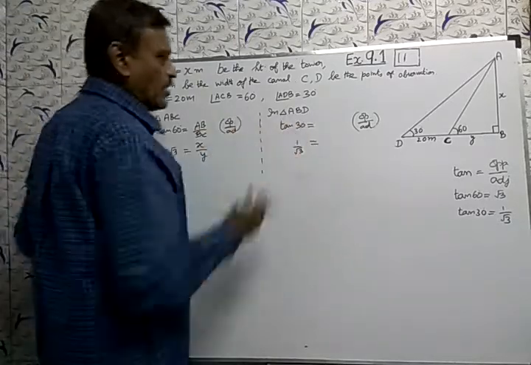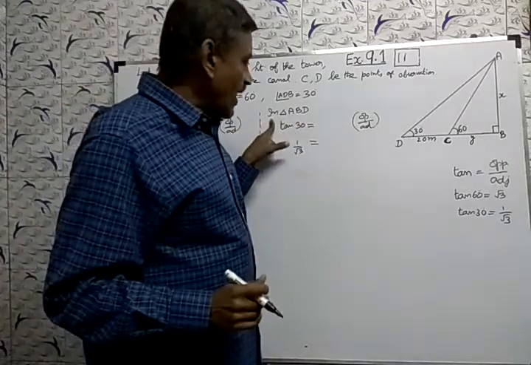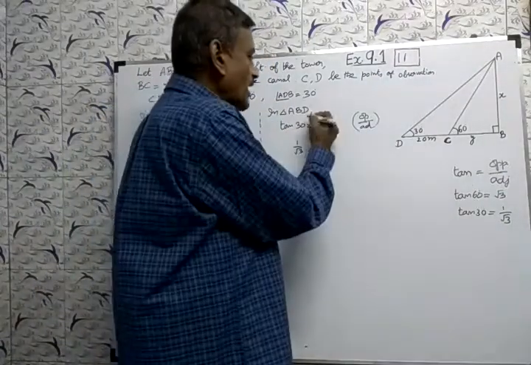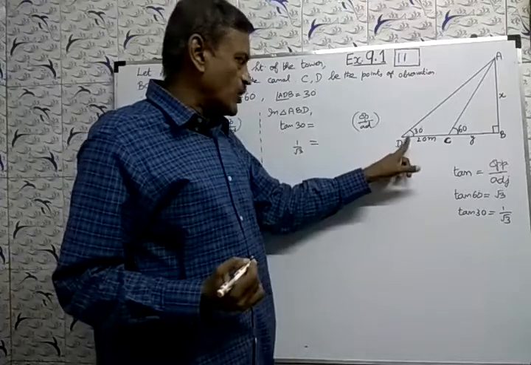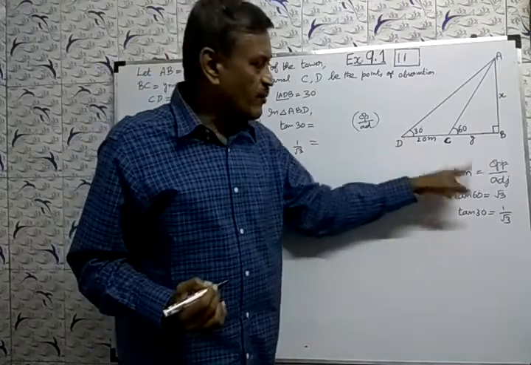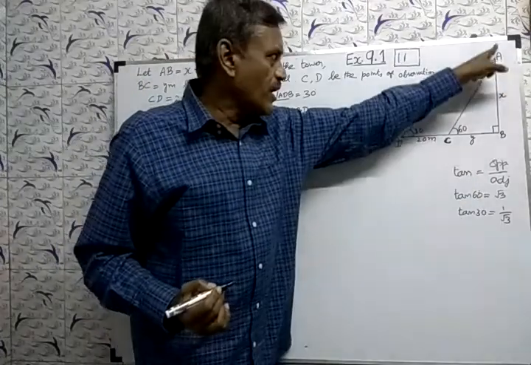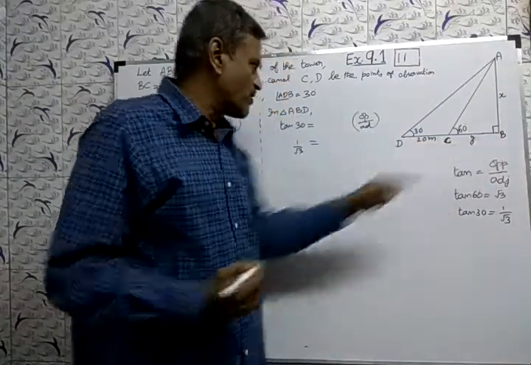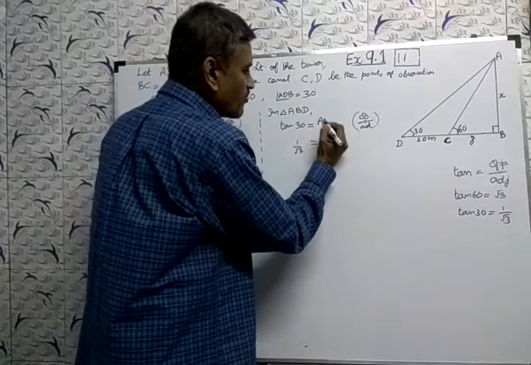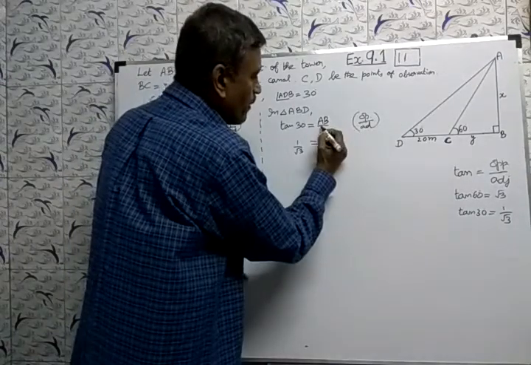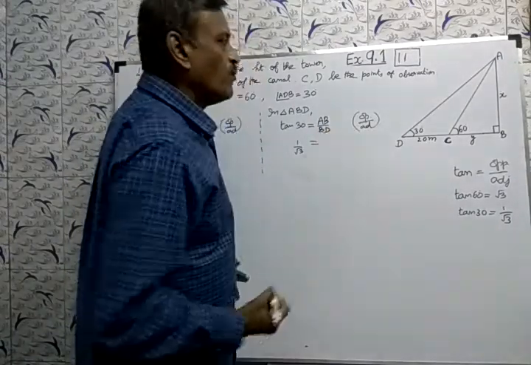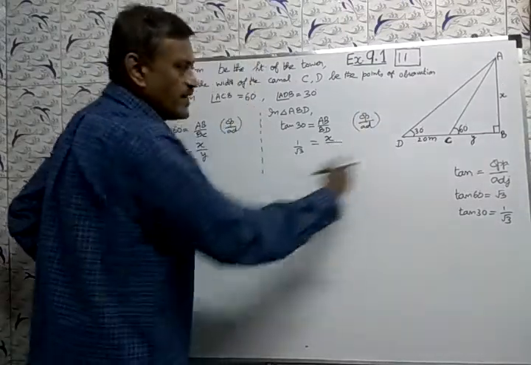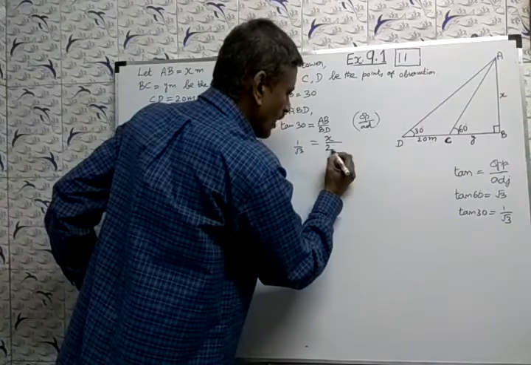Let's go to the next triangle, ABD. In triangle ABD, tan 30 equals opposite by adjacent. AB is the opposite, and the adjacent is BD, which equals 20 plus y in total.